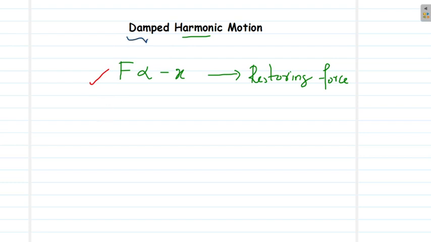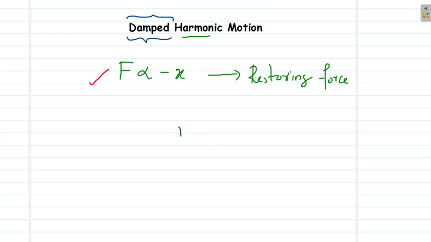Now, what does this term damped mean? Damped harmonic motion implies that there is some kind of damping force acting on the system. And what is a damping force? Damping force is a force that tries to reduce the velocity, that tries to reduce the kinetic energy of the system.